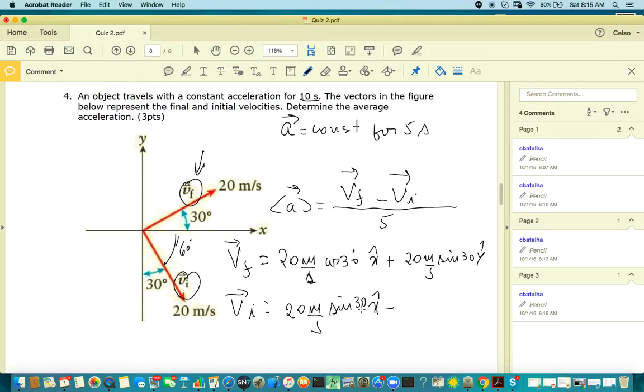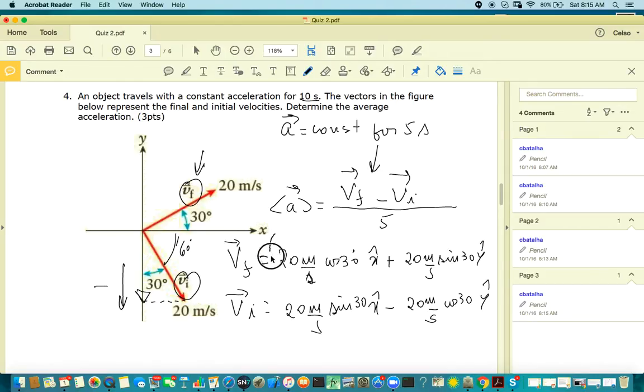And the projection in y is going to be negative. So this vector is being projected in the negative direction, and that is given by 20 cosine of 30 in the y direction. And then you can operate here on the top.